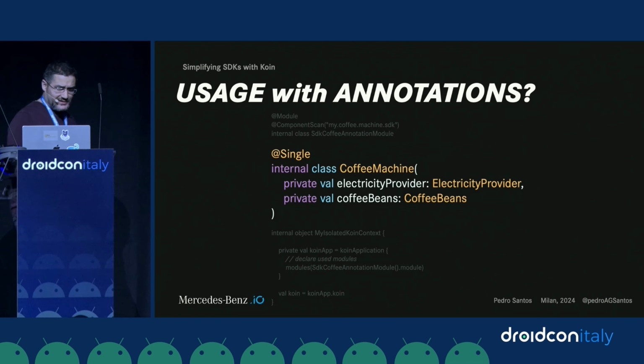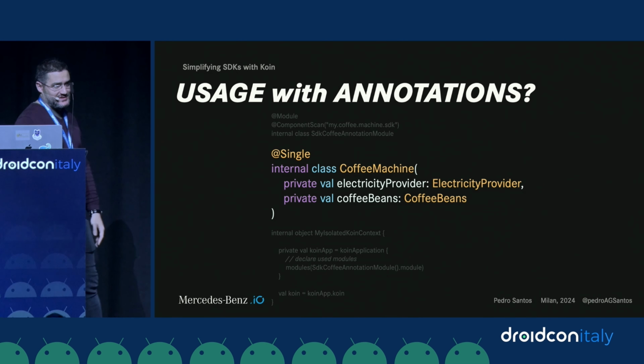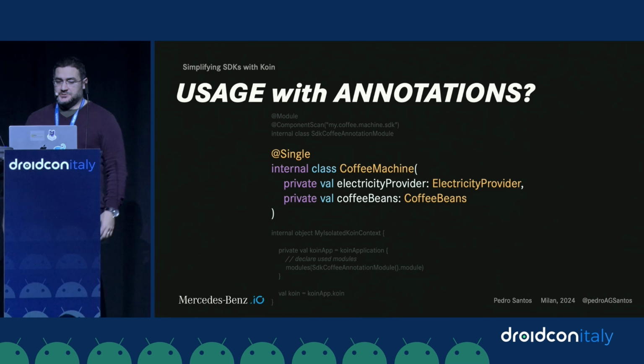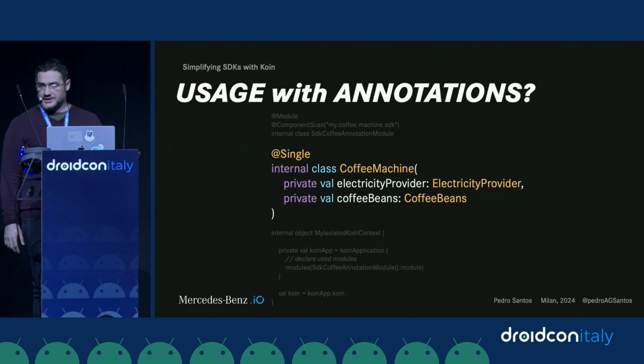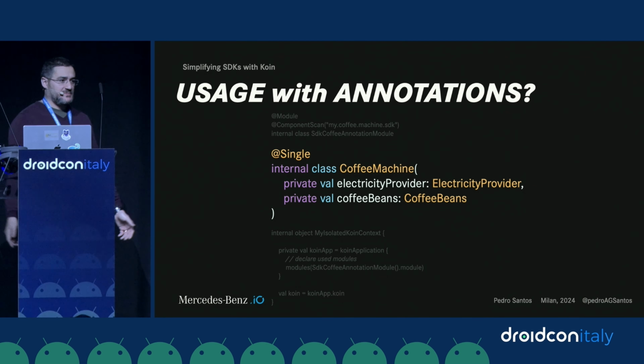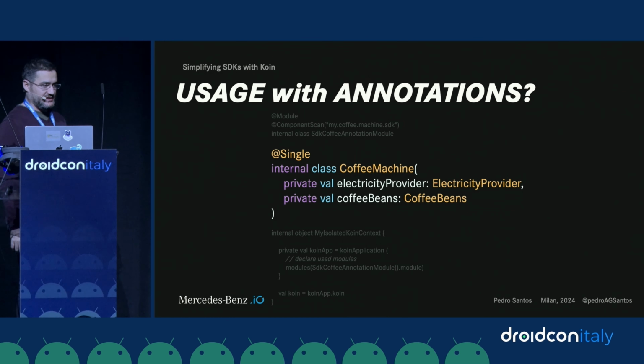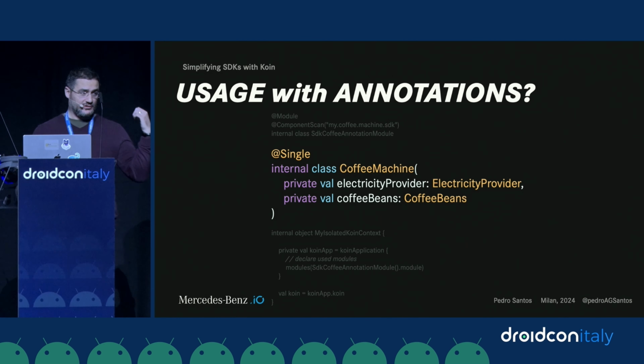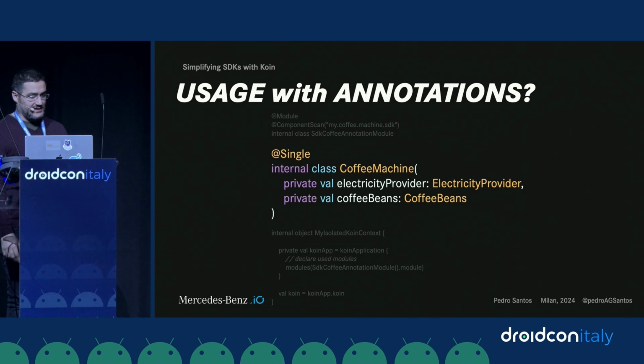How would you declare a singleton? It's just annotating it. You can annotate it as a single, and therefore I have my coffee machine. Again, this is what I would expect from a DI: it resolves the dependencies for me as soon as I also declare the other singletons that are needed.